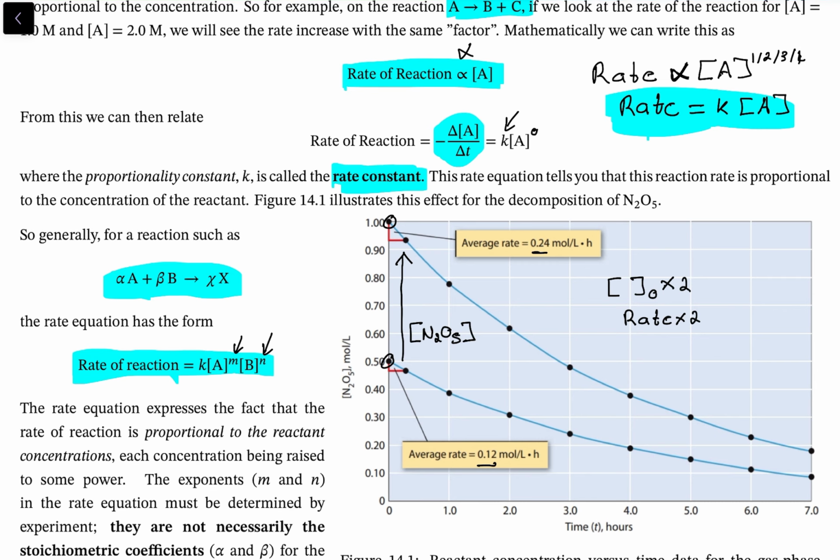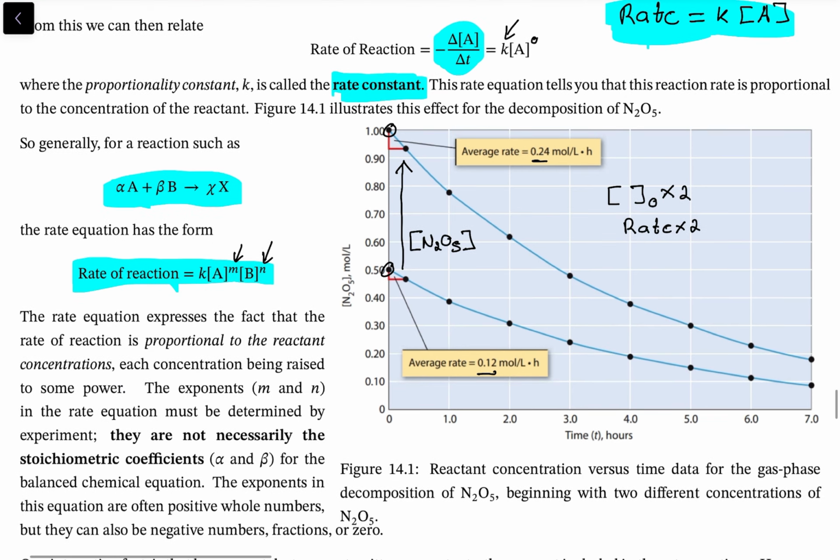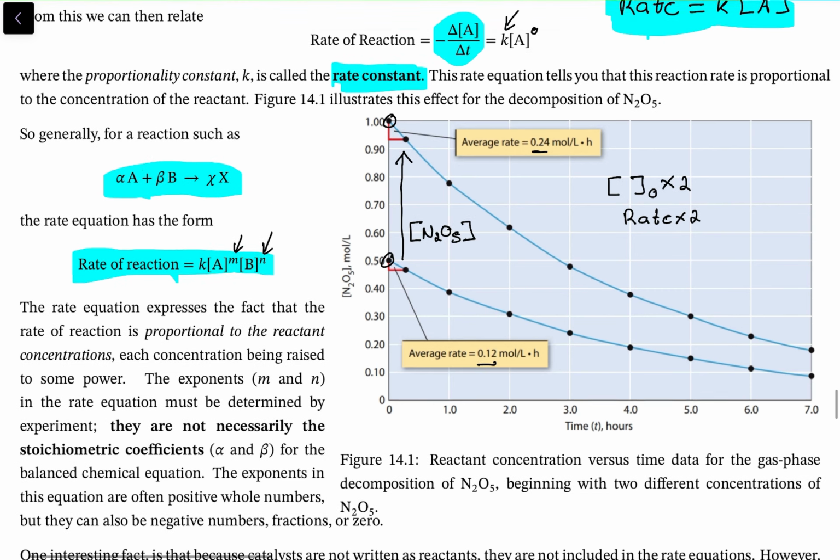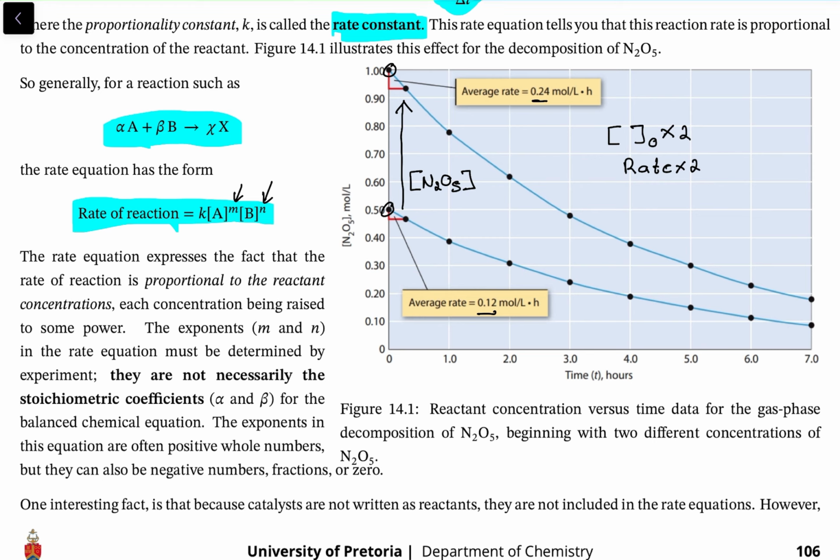So what your m and your n does is it just says we need to solve to know whether or not it's A squared, A cubed, A to the power 4, B squared, B to the power 3, etc. Right? That's something we will solve, and it's something we will look at a bit later on.